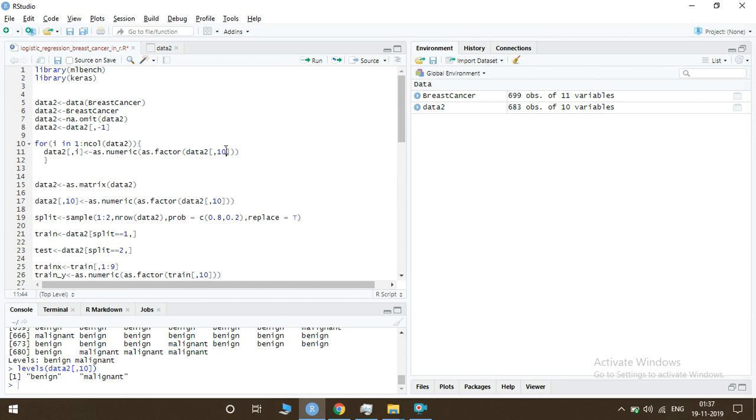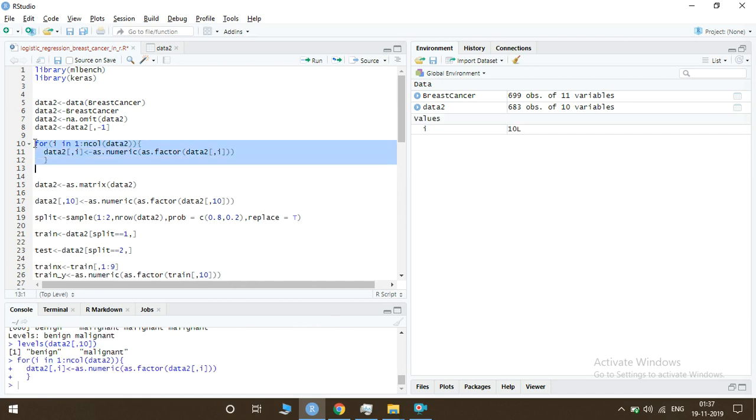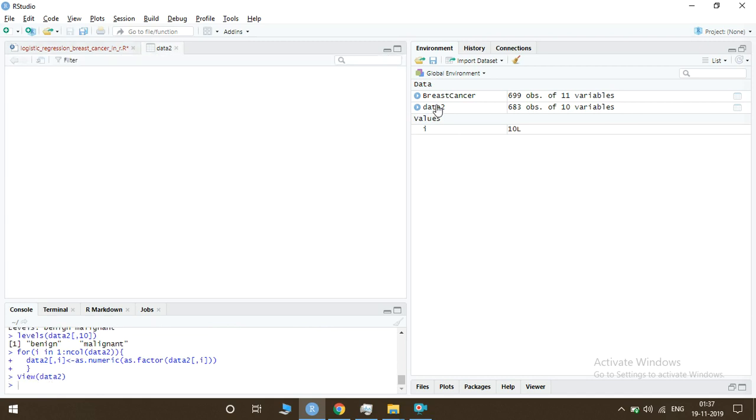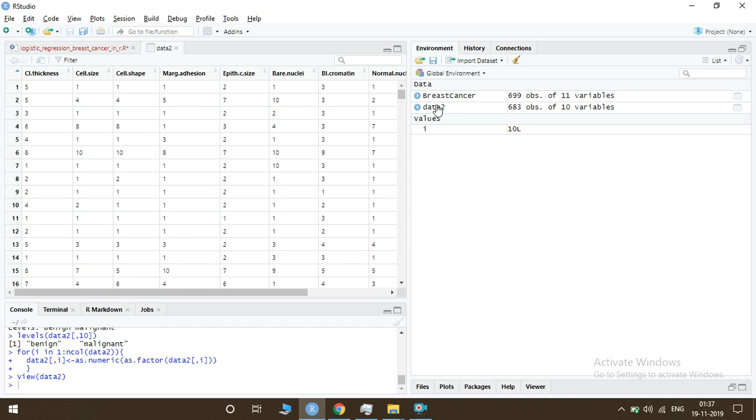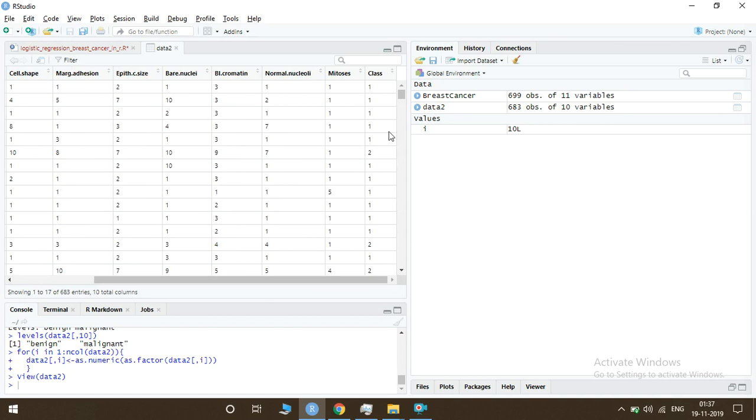So I would convert these two factors into numeric form, wherein in my data set, every column has been converted into a numeric format. Most of the columns were already in numeric format, so what we wanted to do was just convert this column into the numeric structure, that is ones and twos.